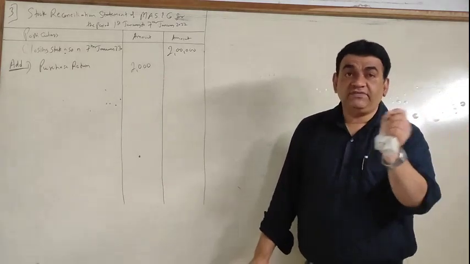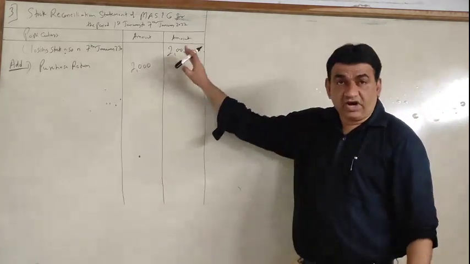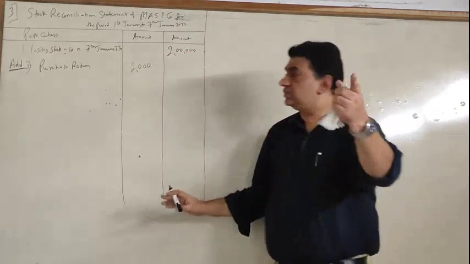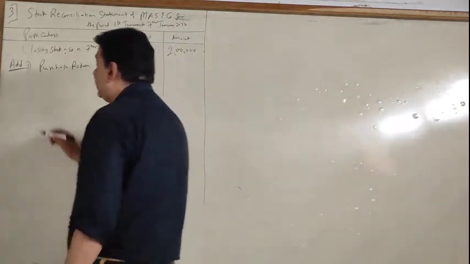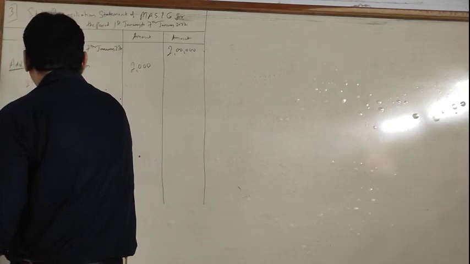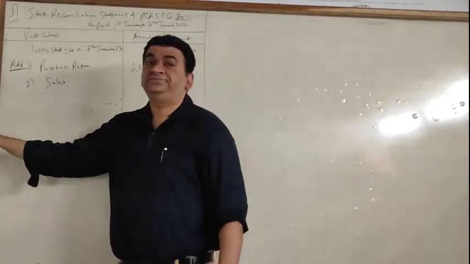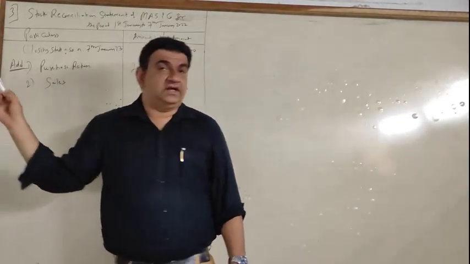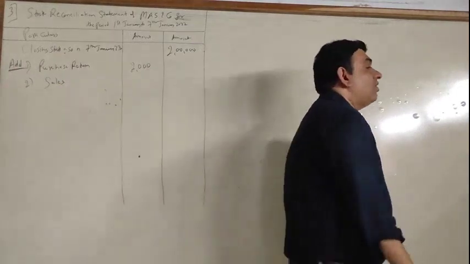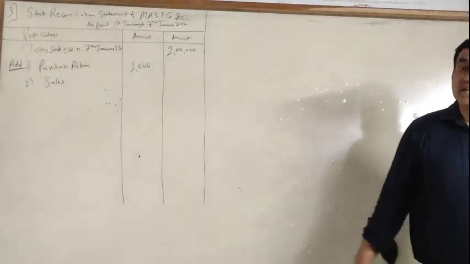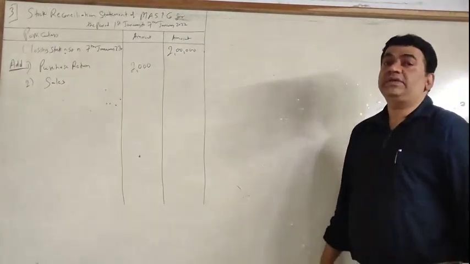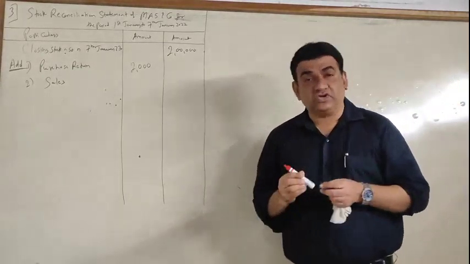It is sold between 1st to 7th, so it is not included in this 2 lakhs. So now what I will do, I will add it. So second, sales. And what I told you, when you record sales or when you record sales return, it has to be always at cost.